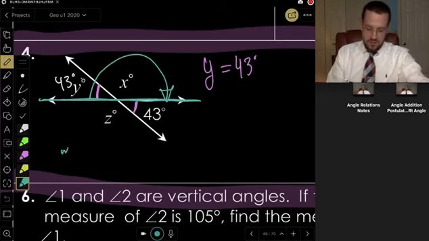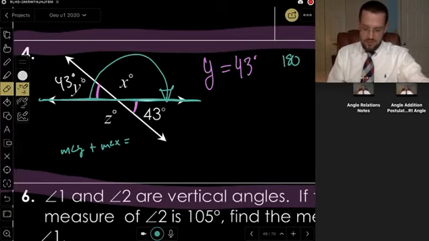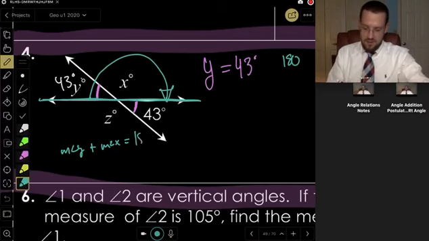Well, we know that the measure of angle y plus the measure of angle x is going to be equal to the whole thing, right? The total, because they're supplementary. And so this is going to be 180 degrees.